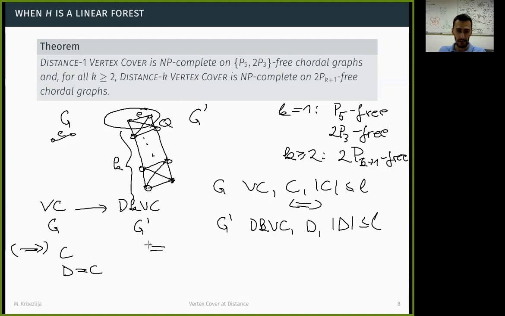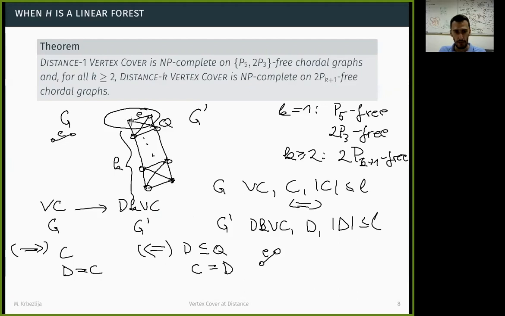On the other hand, if we have a distance k dominating set D in G prime of size at most L, then we can transform D in polynomial time such that D is a subset of Q. And when D is a subset of Q, we can take C to be a copy of the vertices in D, and any edge in G will have appended to it a ladder in G prime.